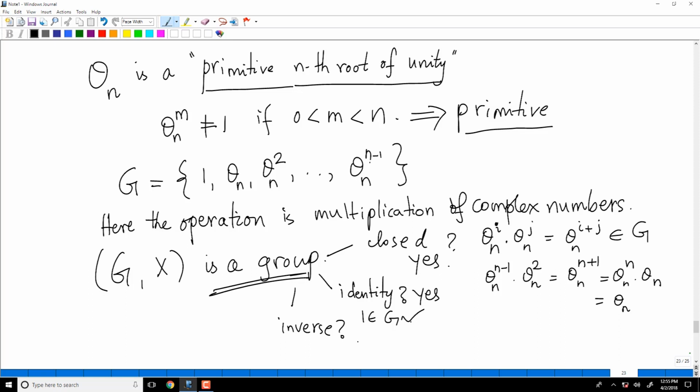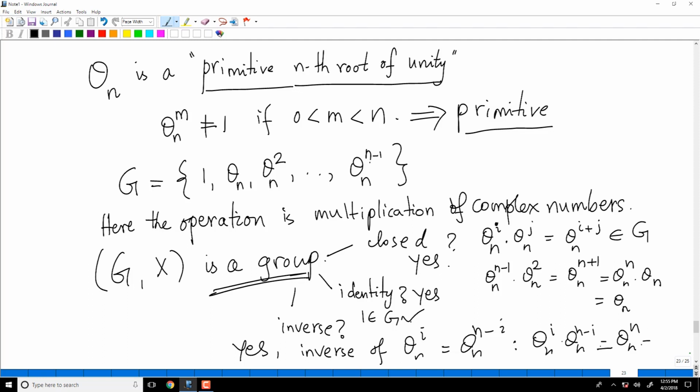Is there an inverse? Yes, because the inverse of theta n power i is simply theta n power n minus i, because theta n power i times theta n power n minus i gives theta n power n, which is 1. So the inverse also exists. So, this is a group.